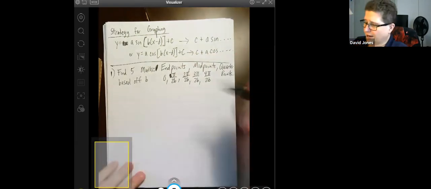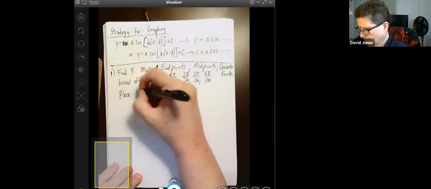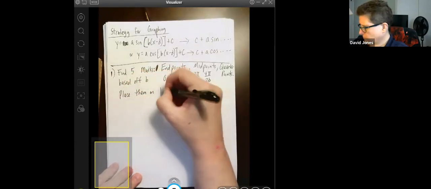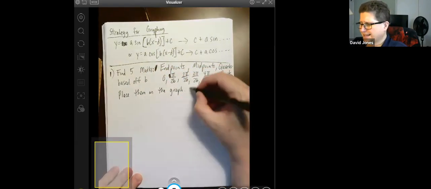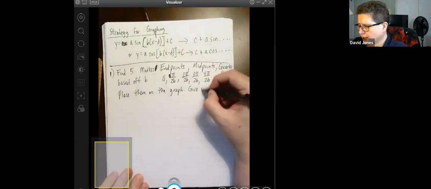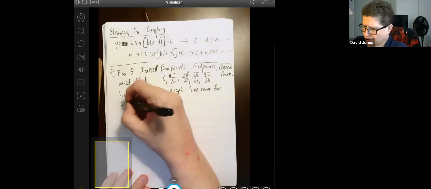If you learned them differently, you're allowed to do them differently, as long as you get the right graph. So put these slashes, find 5 marks, and place them on the graph. Give room for your horizontal translations. All of your translations.